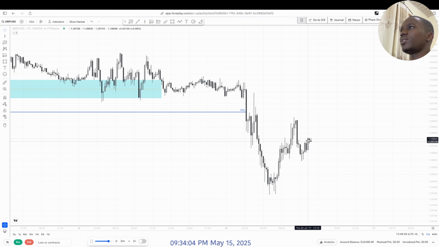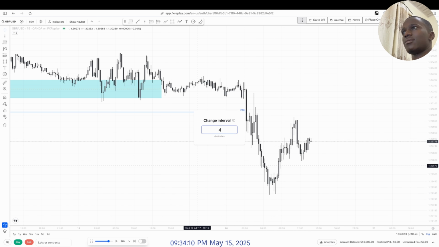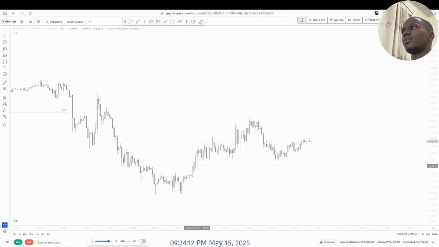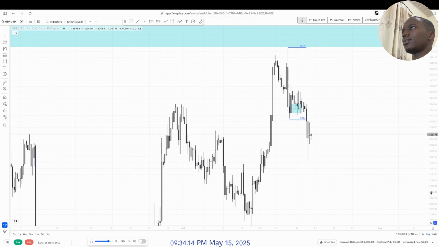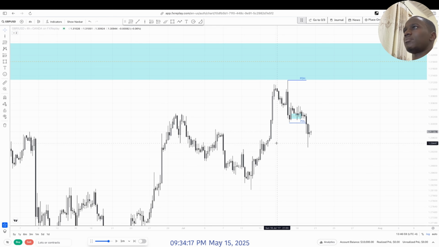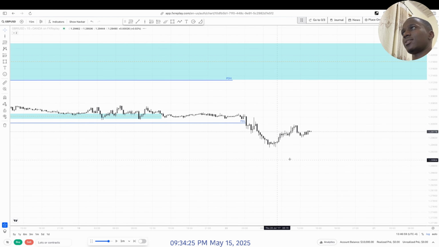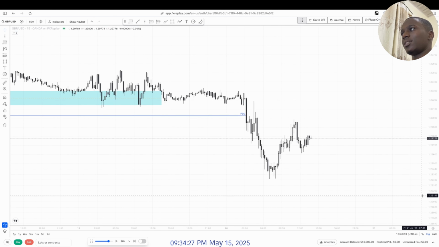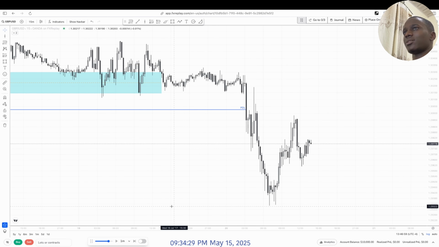Fair value gap pretest. Still have some sell side right here. I'm gonna look on the 4 hour. You can see that we have already filled this gap and we touched this other block, so we might be about to push higher. So I don't think I can take a sell. Let's wait for a confirmation.